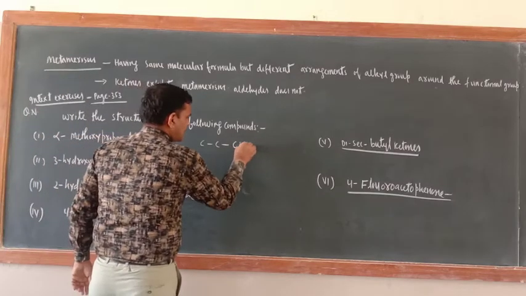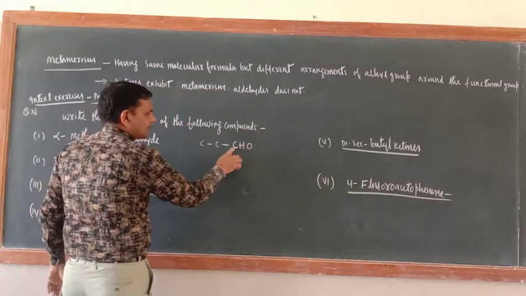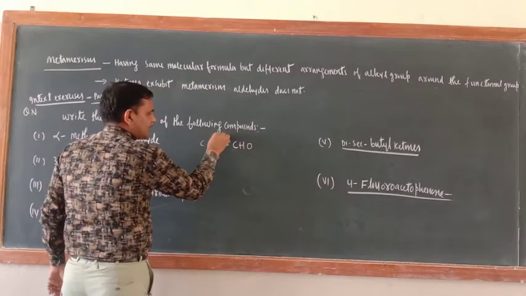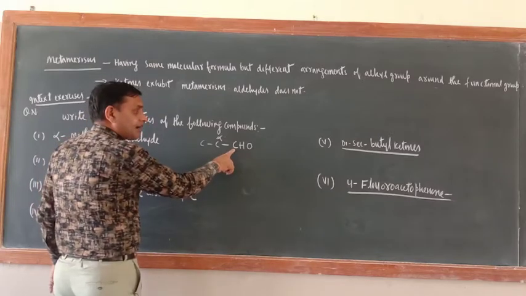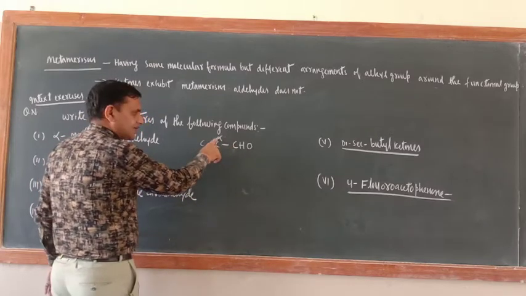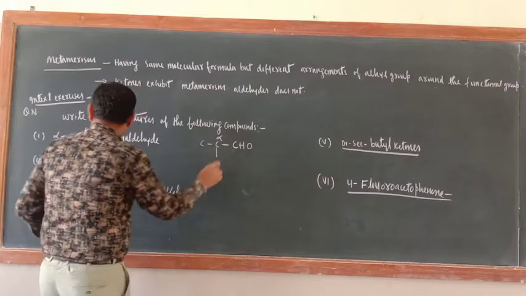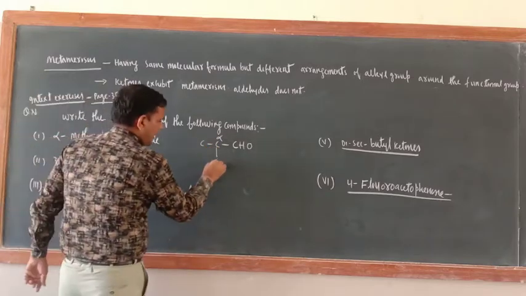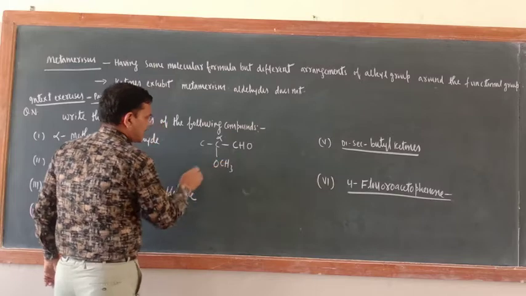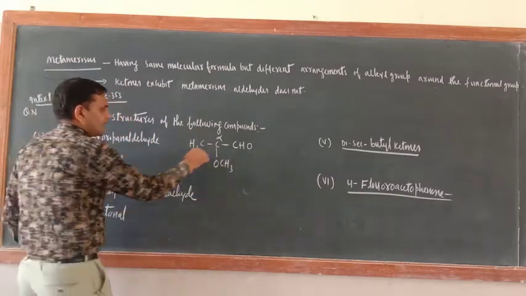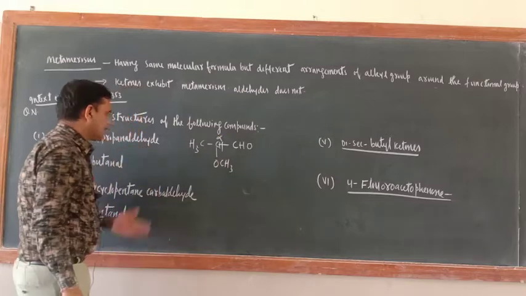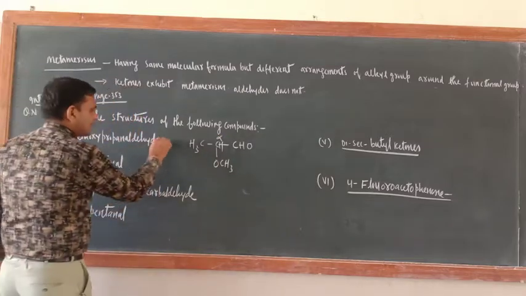So you should write CHO. Now this is the functional group carbon atom, and this carbon atom will be the alpha, the nearest carbon atom from the functional group carbon atom. Now what is there? Methoxy. So write down here methoxy, CH3. Now fulfill the valency. Over. Now here H. Yes, this is the structure of this compound.